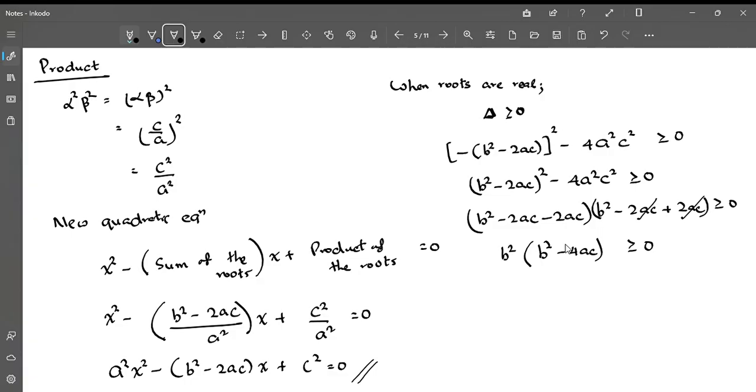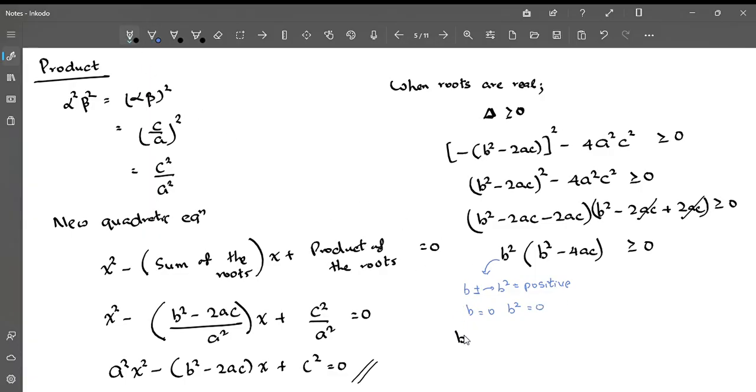The question is, show that roots of this equation are both real if and only if either alpha and beta are both real. Now, in this particular scenario, there are two cases. When you consider b squared, either b will be negative or positive. Whichever case, b squared will always be positive because it's a square. Or else b will be 0, in which case b squared will become 0.